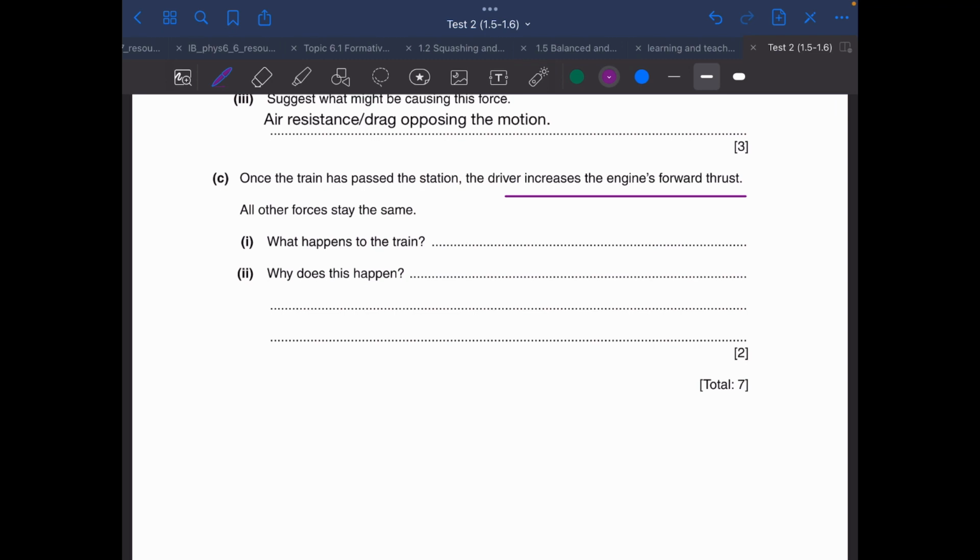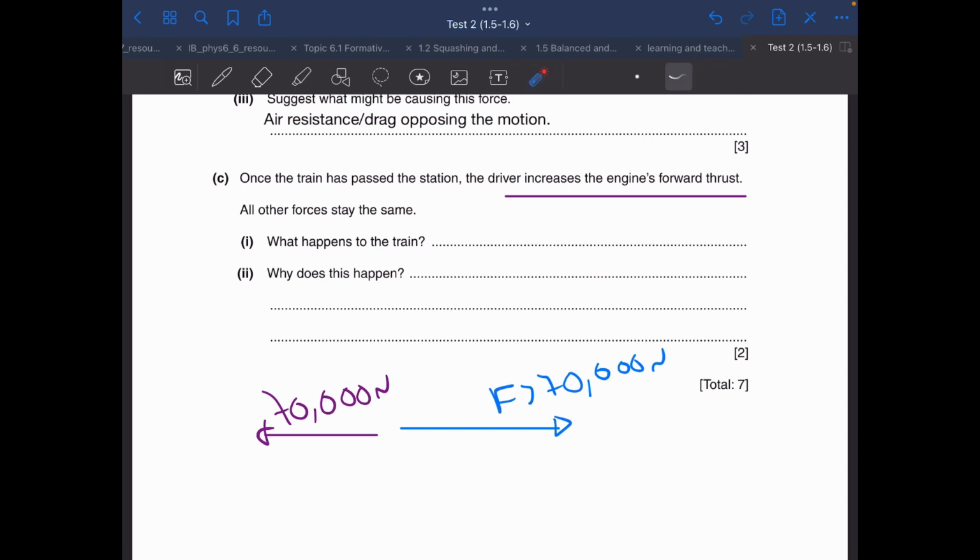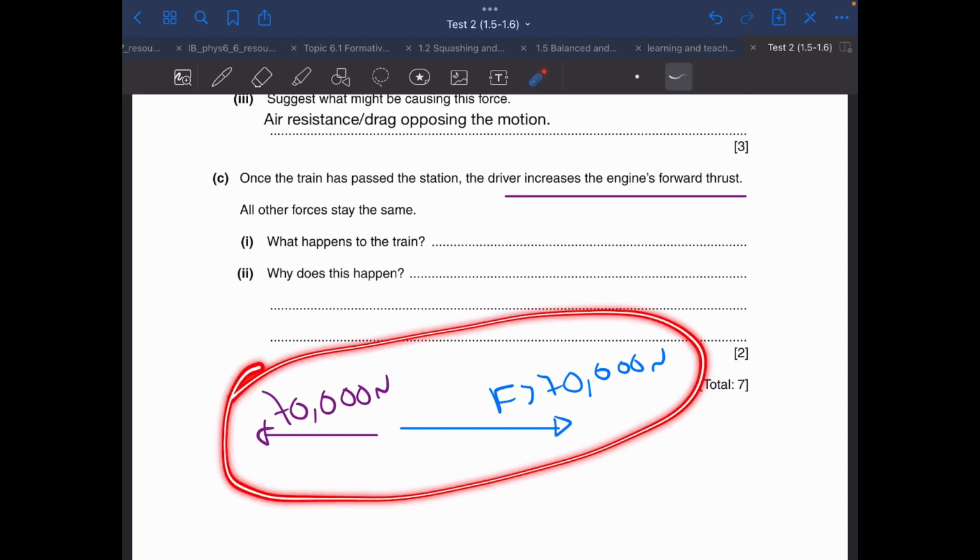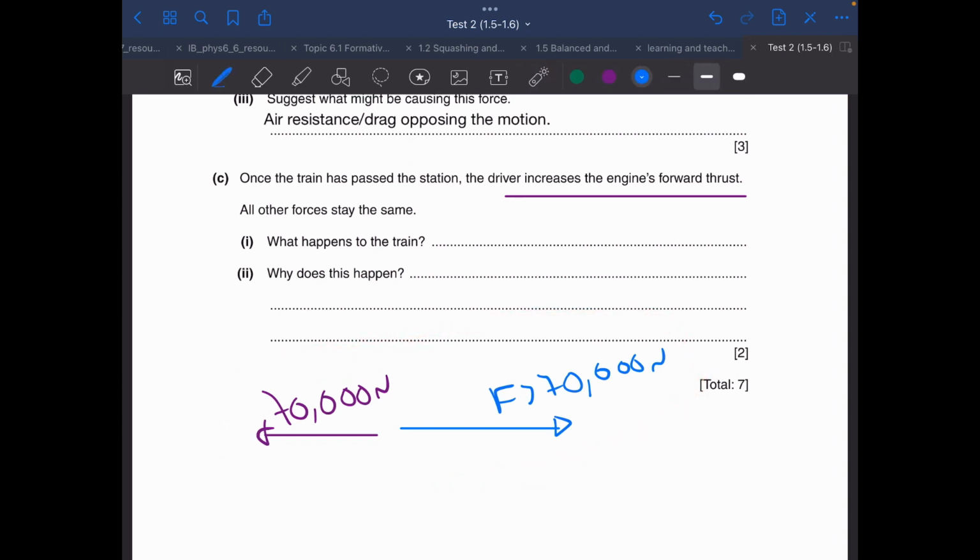Well, if all other forces remain the same, then there is going to be a resultant force to the right, because combining friction and air resistance, we had 70,000 to the left. Before we had 70,000 to the right, but if you increase the thrust, we're going to have a new thrust which is greater than 70,000. And if this new thrust is greater than 70,000 newtons, when I combine these two forces now, I'm going to have a resultant force, and my resultant force will be to the right.